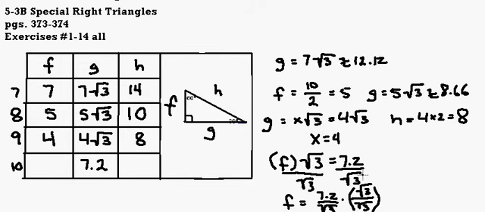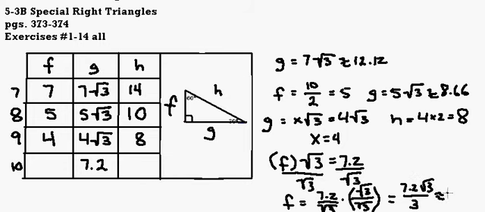And the reason we choose the square root of 3 is because when I multiply a square root by itself, it eliminates the square root. So in the denominator then we're going to have just 3, and on top we'll have 7.2 times the square root of 3. That is the simplest radical form right there.